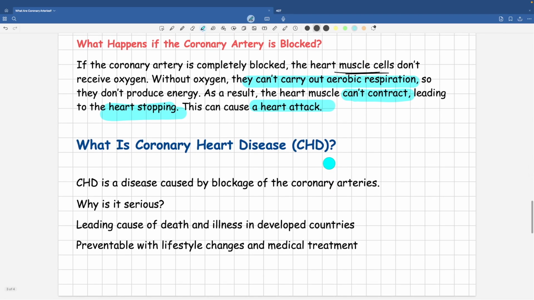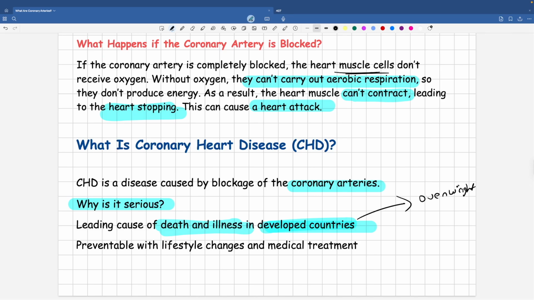So, CHD is a disease. CHD, or coronary heart disease, is a disease caused by the blockage of coronary arteries. Why is this serious, by the way? Because it causes a huge amount of death and illness in the developed countries. This is because in the developed countries we have seen a rise of people who are overweight, right?